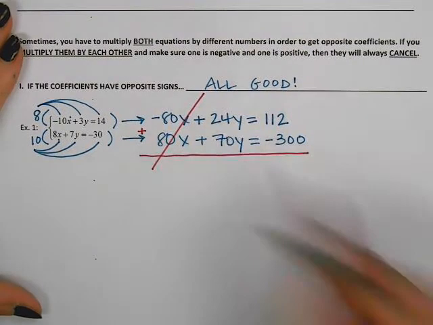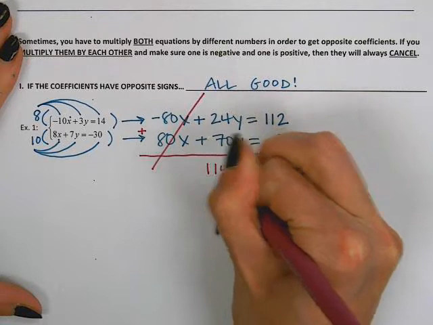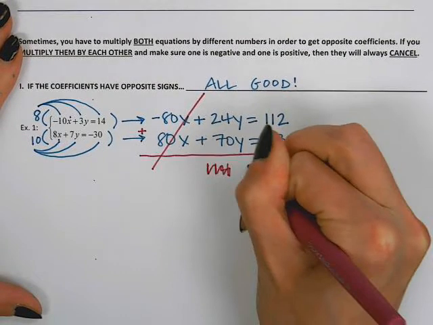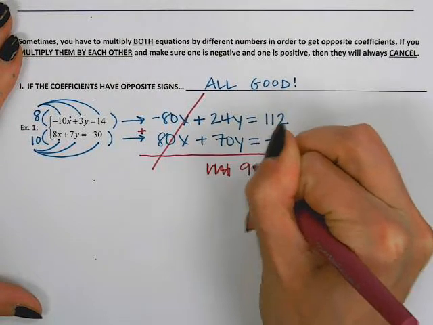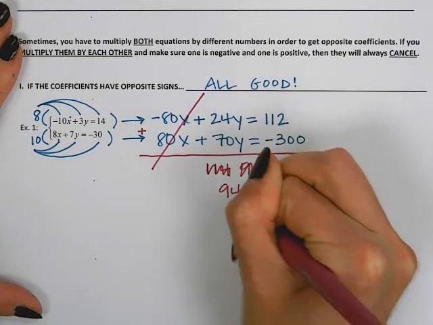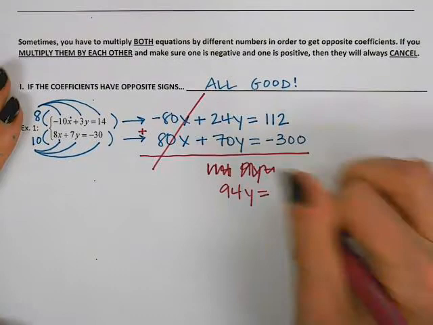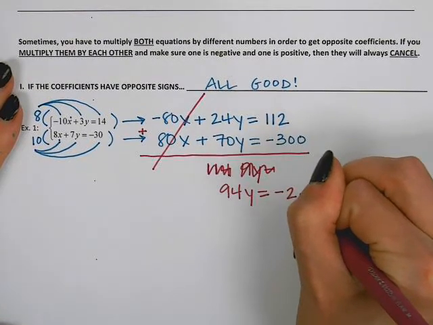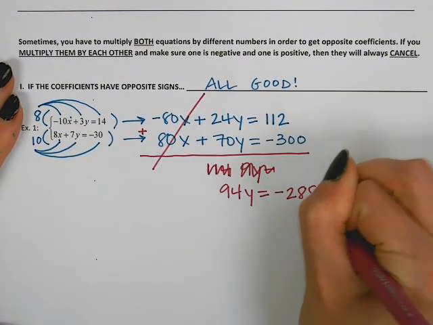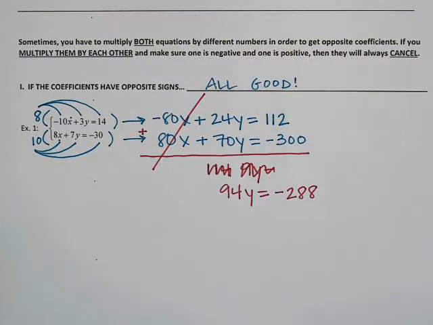24 plus 70y is 94y. Oh my gosh, what is wrong with me today? 94y. And 112 minus 300 is negative 288. Okay, I'm going to need a calculator here.